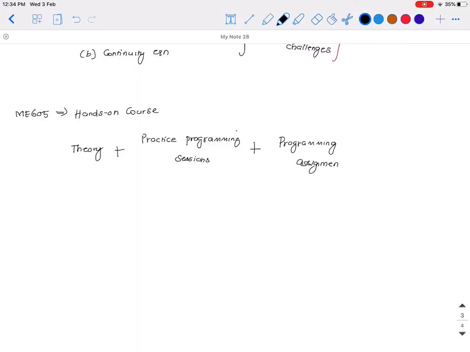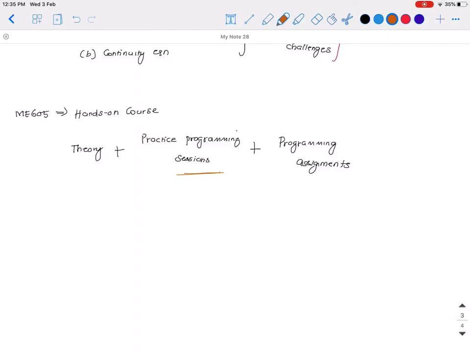It's not just theory. The idea of the practice programming assignments is not to teach you a programming language, but to tune your programming skills to solve CFD problems. So if you need to brush up your practice with any programming language of your interest, please start immediately.